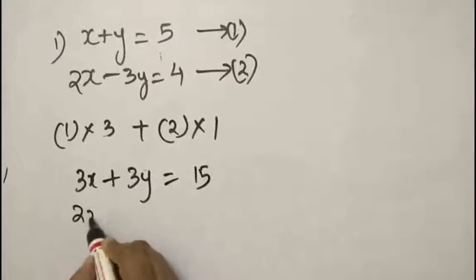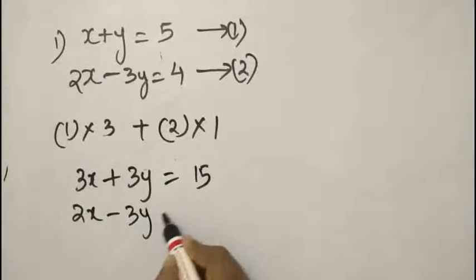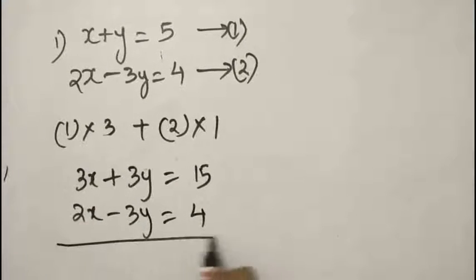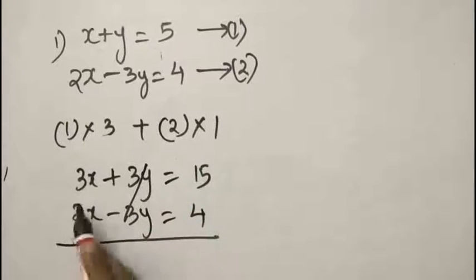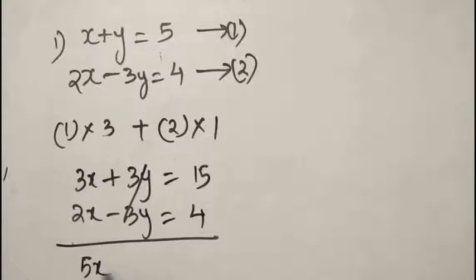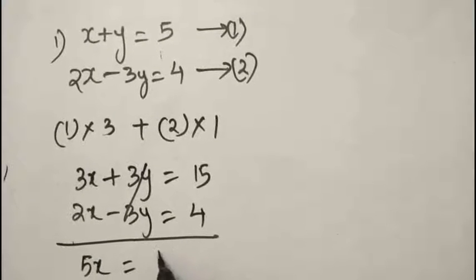Here it is 2x minus 3y equal to 4. As we are doing addition, no need to change the sign. So these two get cancelled, and you will get 5x is equal to 19.